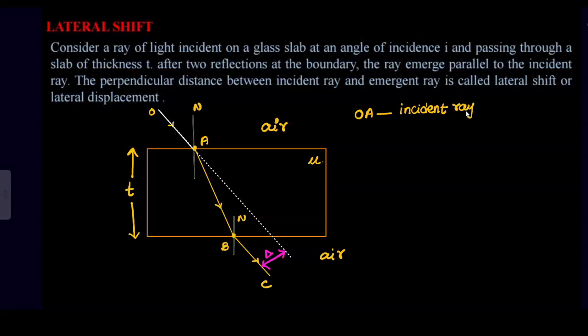AB is called the refracted ray. BC is called the emergent ray.